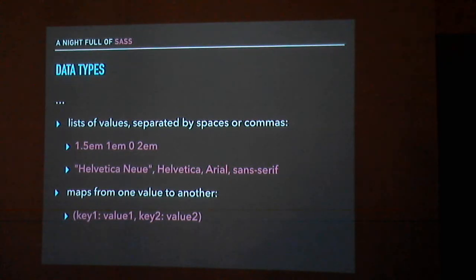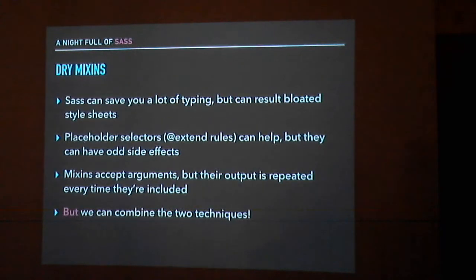Is maps, which kind of works like an array, and the syntax to manipulate maps is a little wonky. Well, not wonky. It's a little clunky, but it gets the job done, and we'll see an example of how this is used, and I can show you a couple more if we have time at the end.